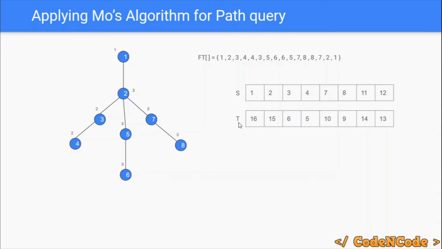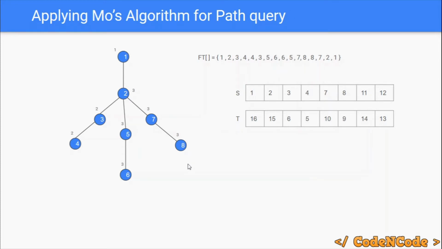If you are someone who just started watching, make sure that you have watched the previous videos from this same course, because I've explained the flattened tree, basically the Euler tree technique, and starting and terminating time. So I'm not going to repeat all of this. I have run a DFS. Starting from this node, we have gone like this, and then this, and then this. So this is the starting time of each node, this is the terminating time of each node, this is the flattened tree. So each node is assigned a certain weight.